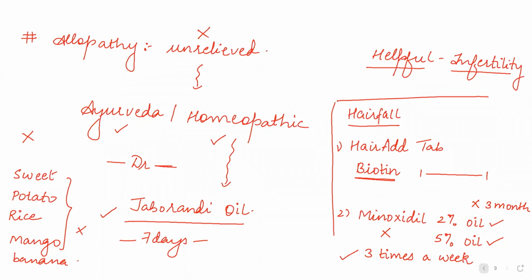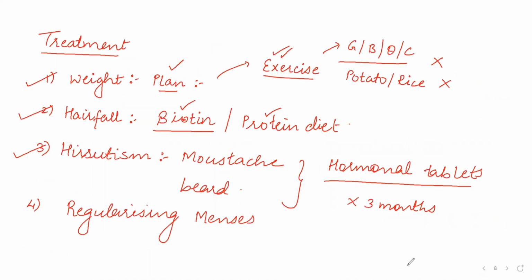Yes, sir. The prescription you gave for hair fall and the medicine for biotin, is it applicable only if the reason behind the hair fall is PCOS, or is it prescribed in general? All right, this is a good doubt. In general, for any case of hair fall, we can go ahead with this because this is the line of treatment for hair fall.